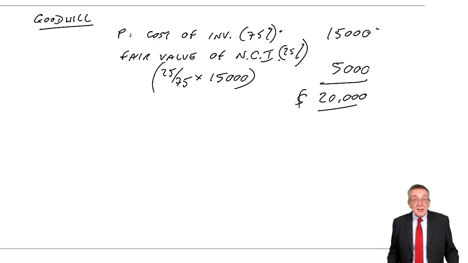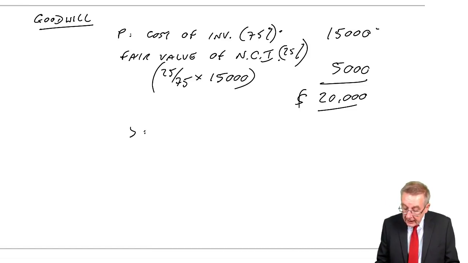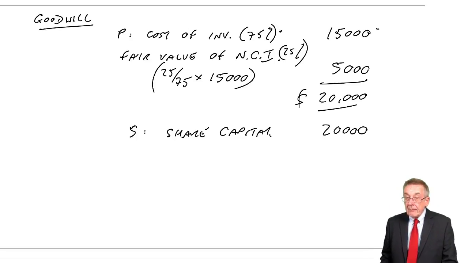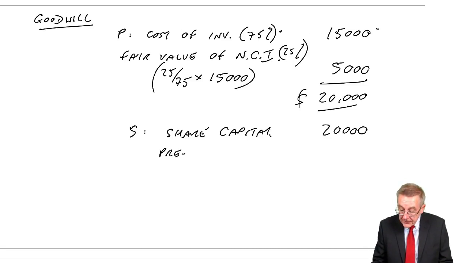What was the asset value of S? It's S's share capital, so from S's statement 20,000, plus any pre-acquisition retained earnings.